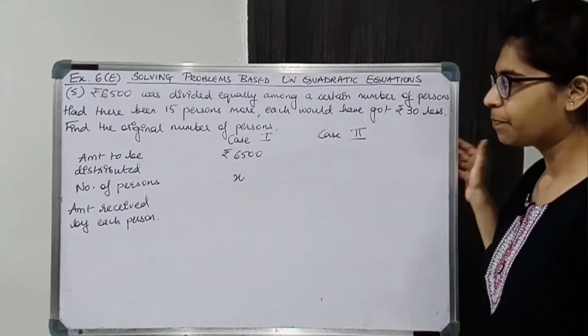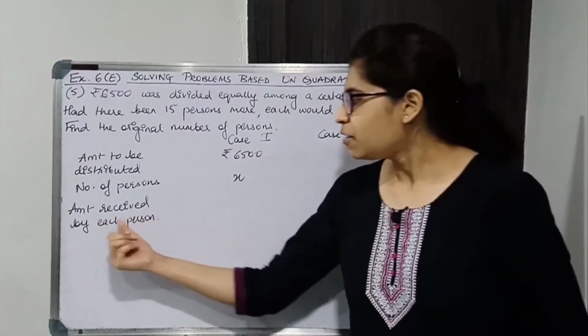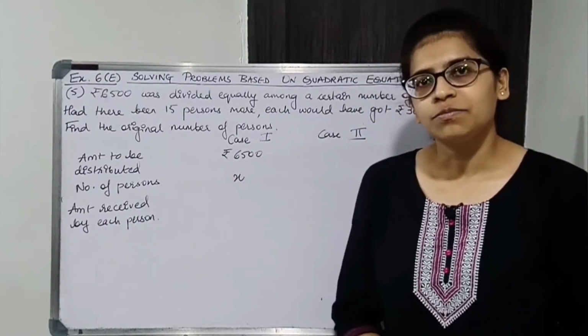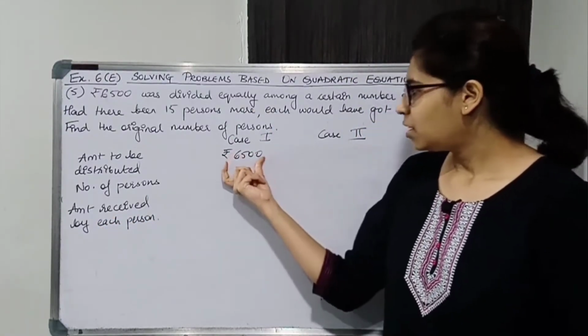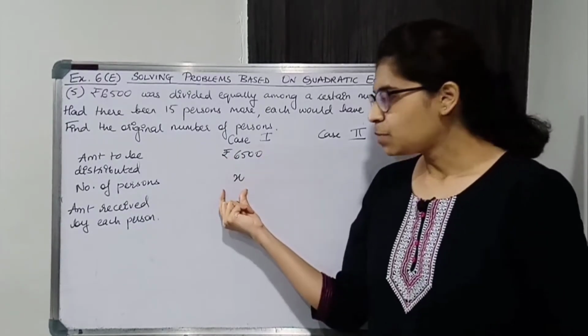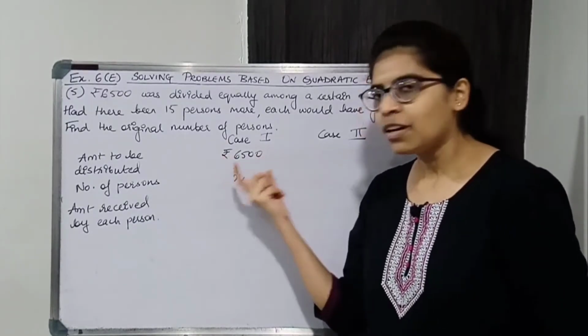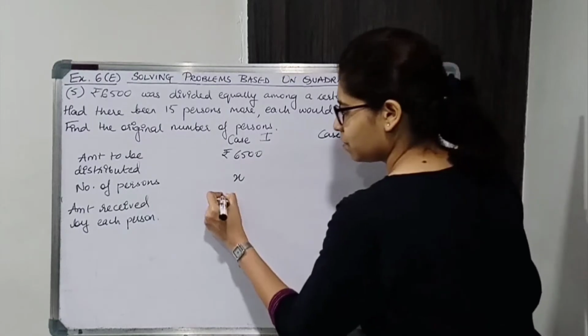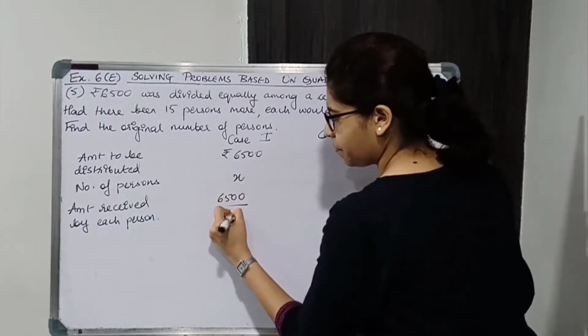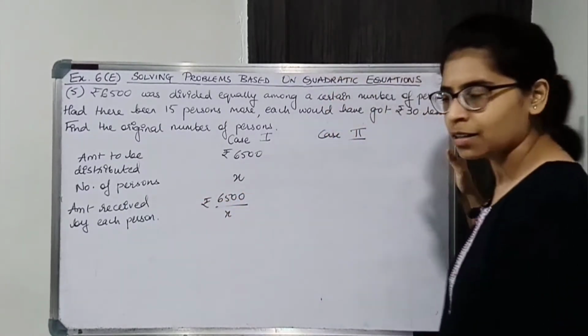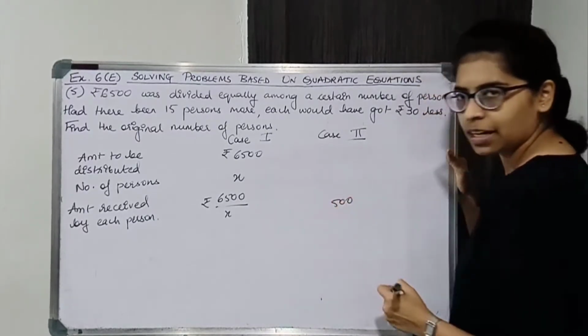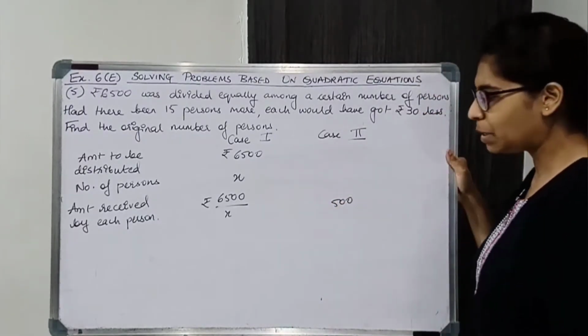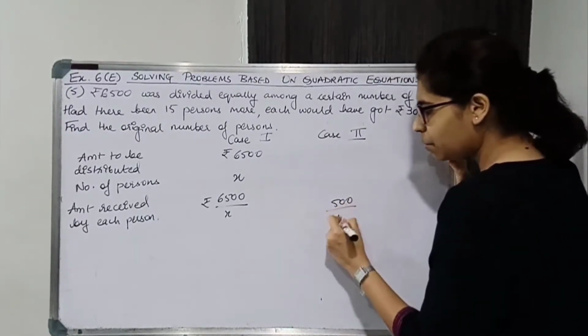The amount received by each person will be, since there are x people, 6,500 upon x. If I have 500 and I have to distribute it to 10 people, I'll divide by 10.